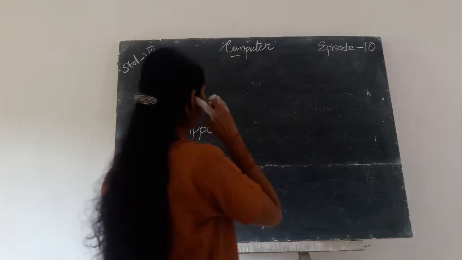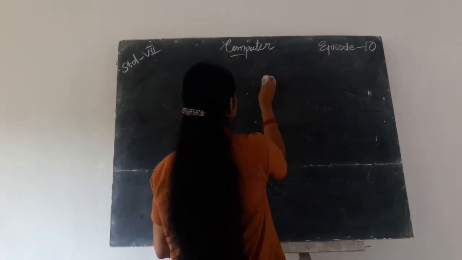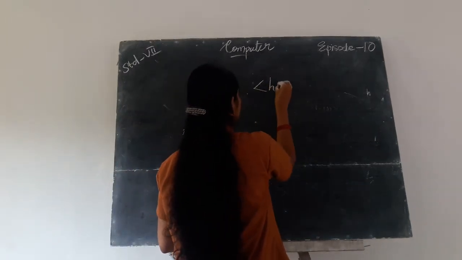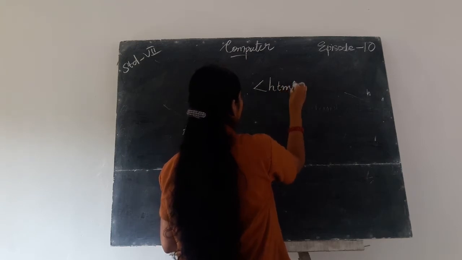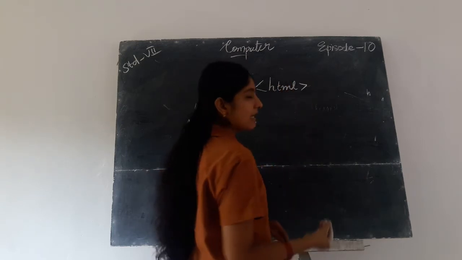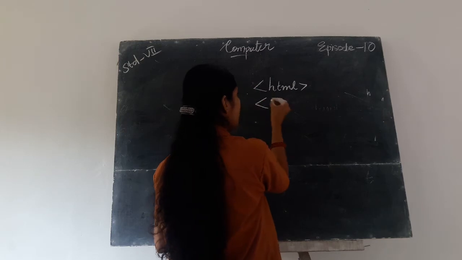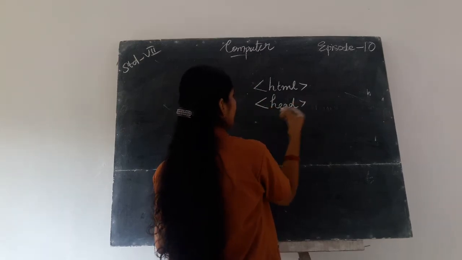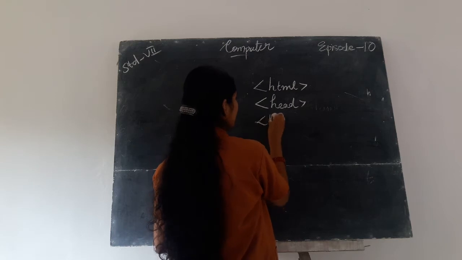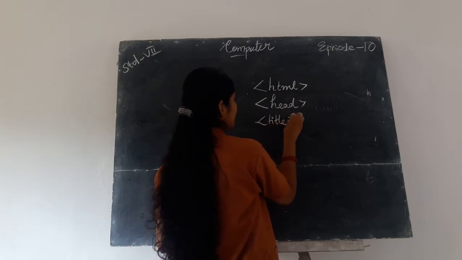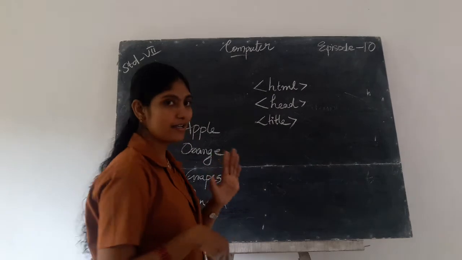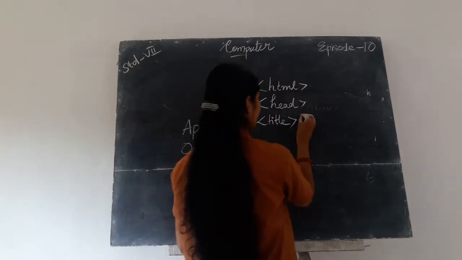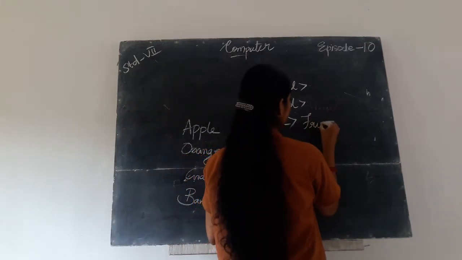So here is the structure of HTML, first HTML. Then the second part is the head part, which includes the title part. So just give a title, that is fruits list.